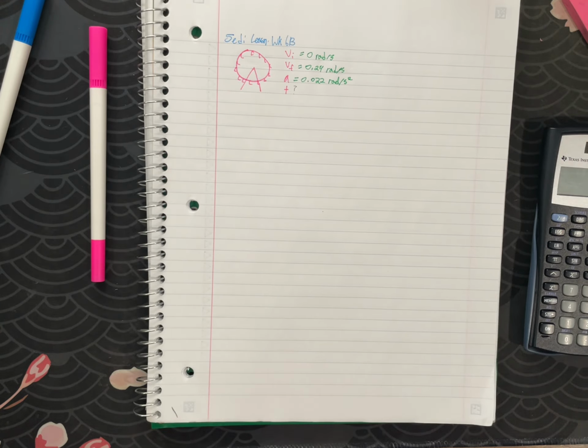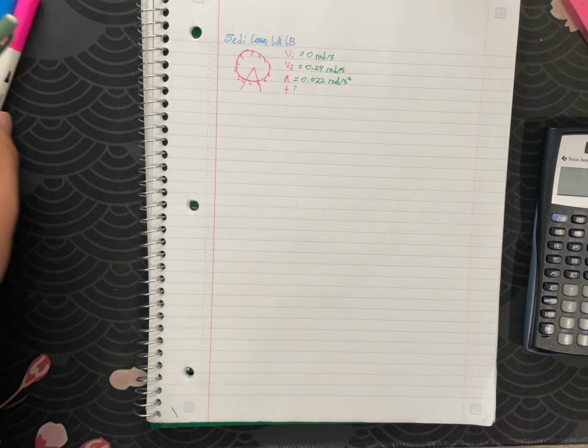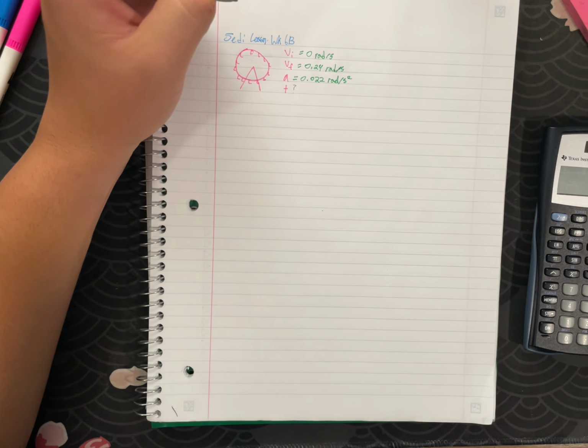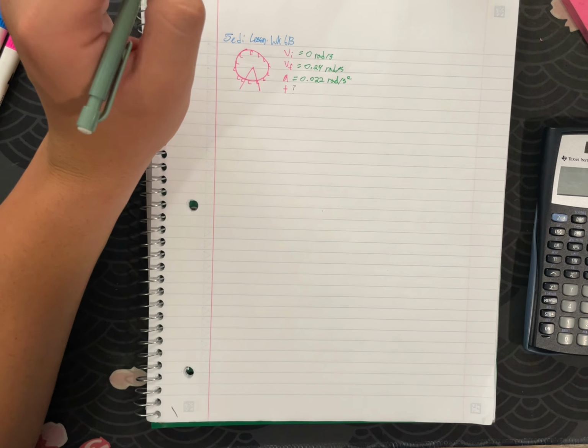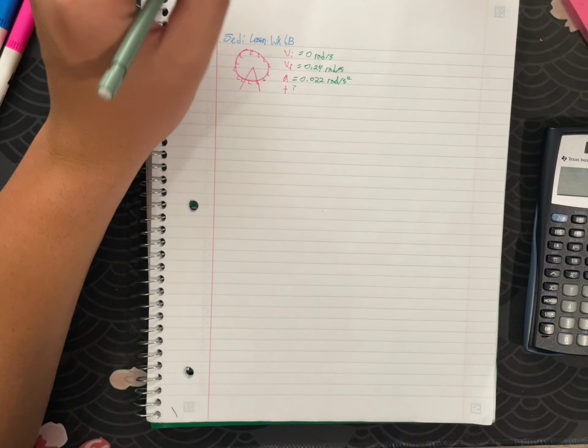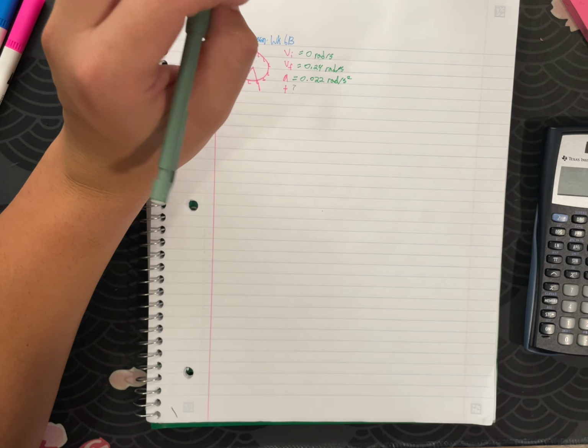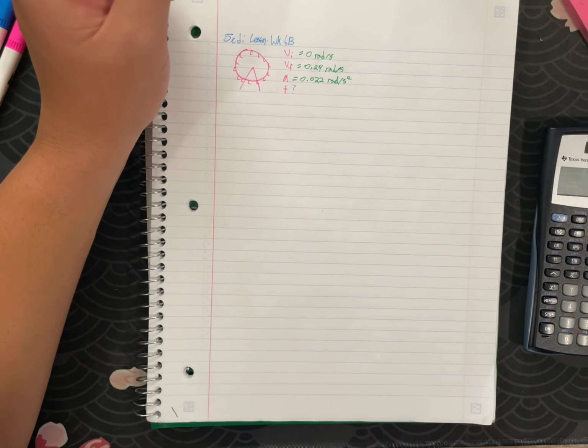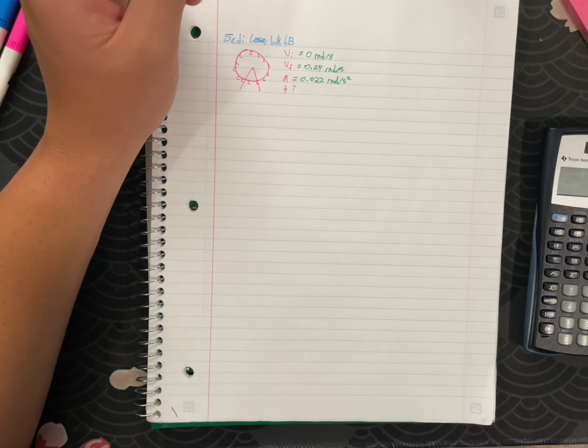So we are going to put in our equation, which is an equation from a long time ago, but it's just using different variables now that we're using angular kinematics.